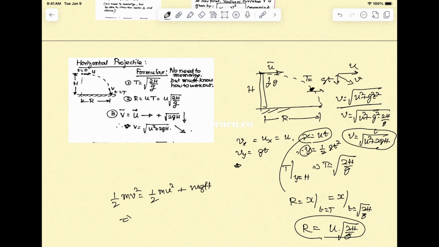From here also one can derive that the final velocity when it reaches the ground is equal to the square root of u squared plus 2gh. Agreed. This is the formula for a horizontal projectile. You don't have to really memorize this because you can easily derive it on the spot during your exam when you are faced with a question on the horizontal projectile.